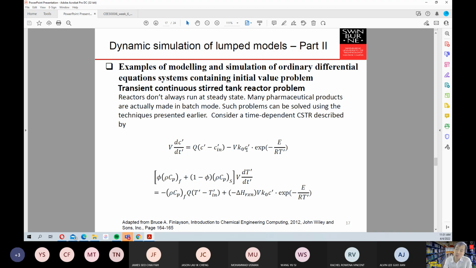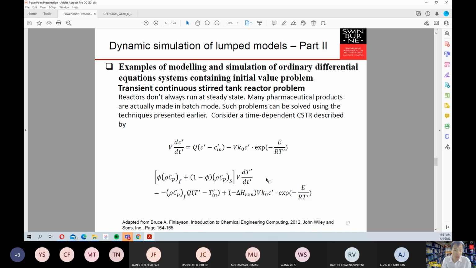So imagine you have two models. This is a time-dependent CSTR. The first one describes your mole balance or mass balance. The second one is your energy balance.